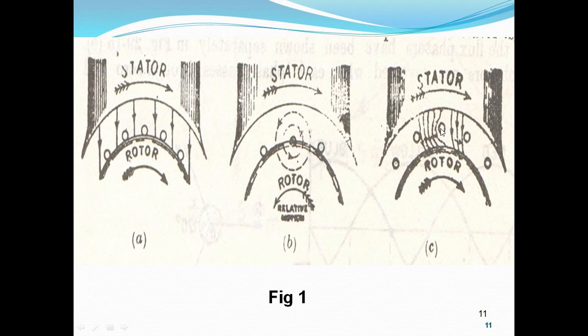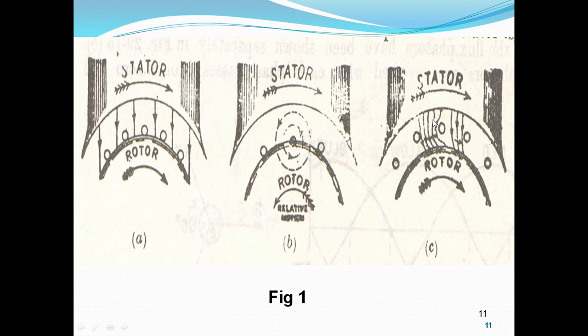On this conductor, on the right hand side, the stator flux is moving in the downward direction and the rotor flux is moving in the upward direction. Because of this, the stator flux and the rotor flux are in opposite directions, so the resultant flux is weakened on the right hand side of the conductor.